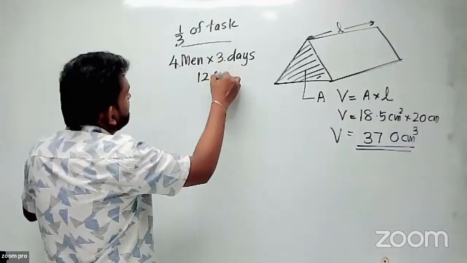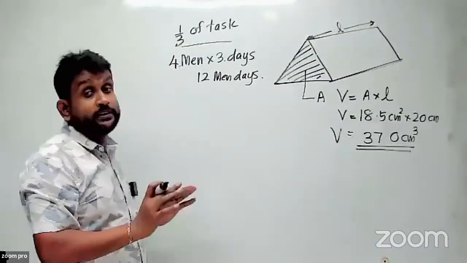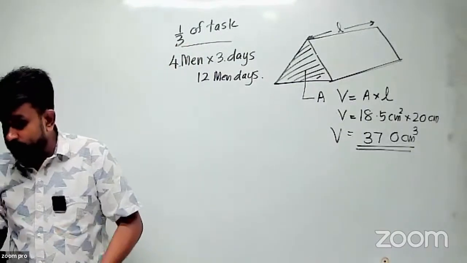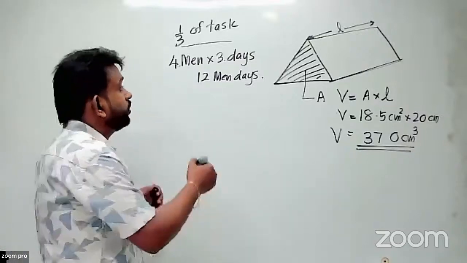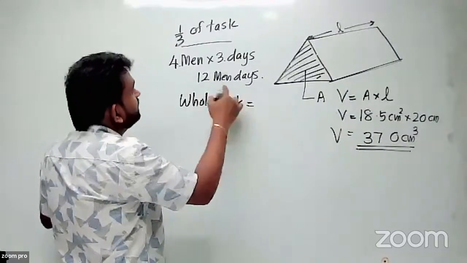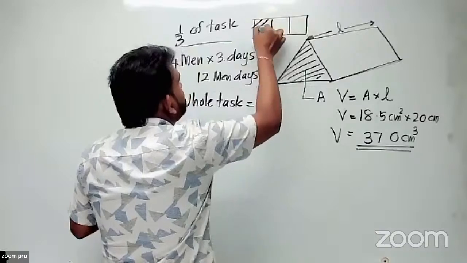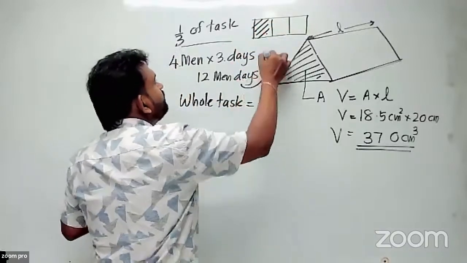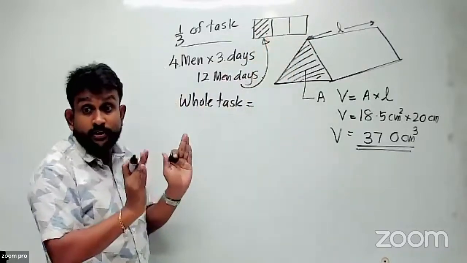12 man-days. So for 1/3 of the task it is 12 man-days, so how many man-days are needed to complete the whole task? The one-third part is 12 man-days. So the whole task means 3 similar parts.